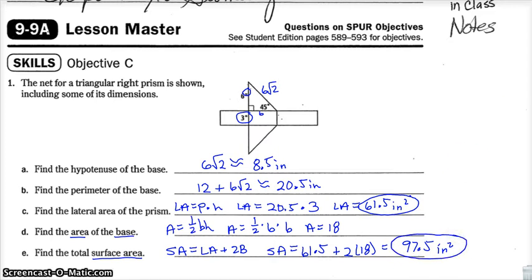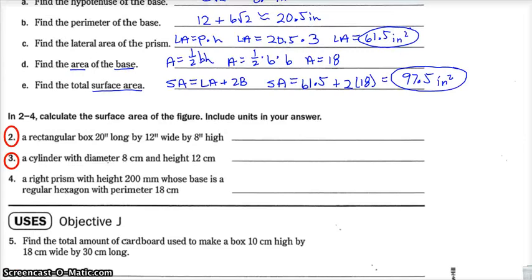Now it's your turn. I want you to try questions 2 and 3 below and then check your answers. Make sure you are finding the surface area of each figure. All right, for question number 2, you should have first found your lateral area, which in this case was equal to 512.